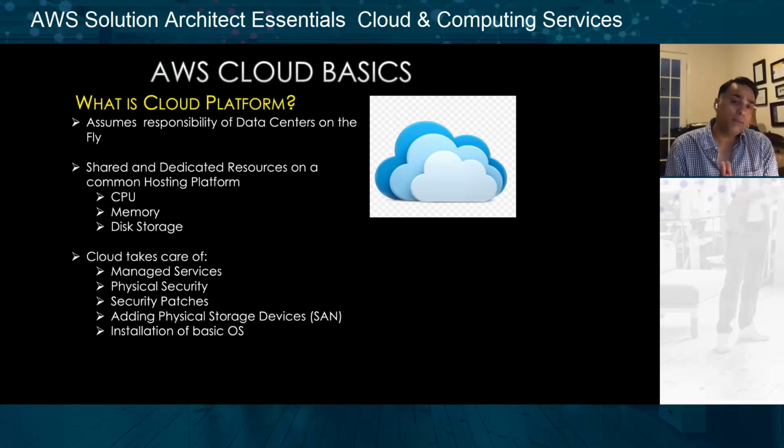Clouds take care of managed services, all of those services. For example, the spinning up of your EC2 instance, virtual machine, the EBS, the storages, physical security, security patches, adding physical storage, like for example on the SAN, and installation of the basic operating system. You don't have to worry about all that stuff. When you spin off a virtual machine on the cloud, everything is done for you. When I say physical security, obviously we are talking about any data center you go to.